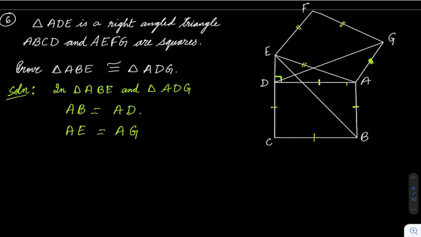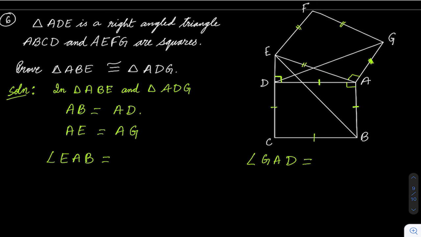As these are squares, this angle is 90, this angle is 90. So what is the angle between these two sides? Let's first look at this. AB, okay, the angle is EAB. That's one angle. And in the other triangle, the angle is angle GAD. Okay.